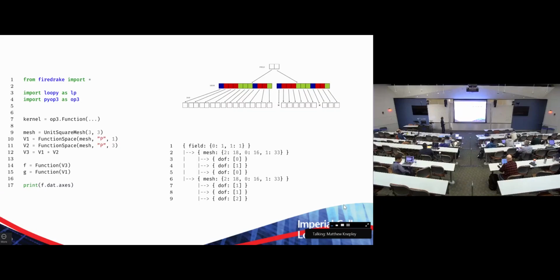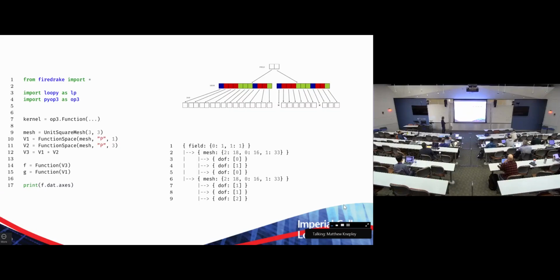So I have 2 fields, each with size 1. And then for each one I have the mesh, right? So that's this one here. And then for the mesh, I have 0 degrees of freedom for my cells, 1 on my vertex, 0 on my edges, and the same for the other space.